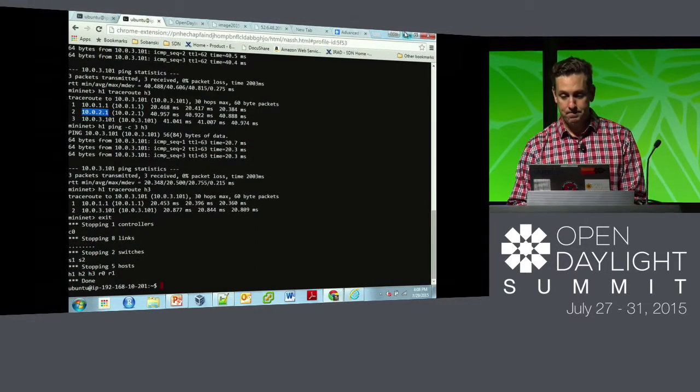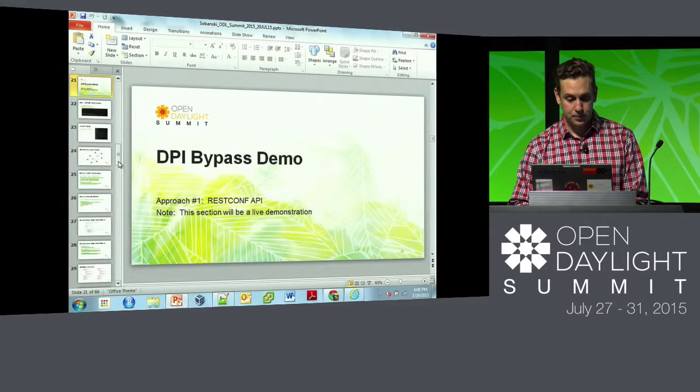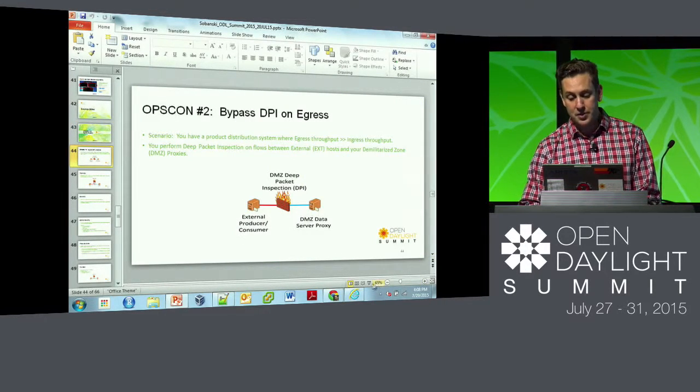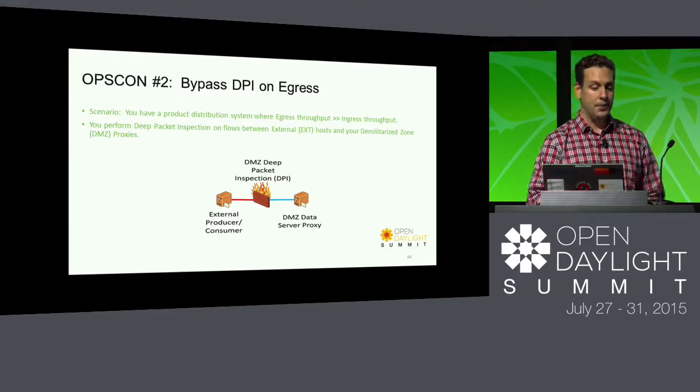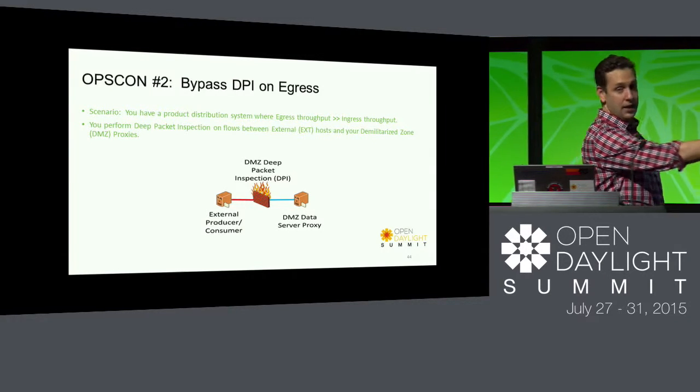All right. Let's go to our second demo, which is an egress bypass. To me, this is pretty interesting. Again, you have your external producer consumer and then a DMZ server.